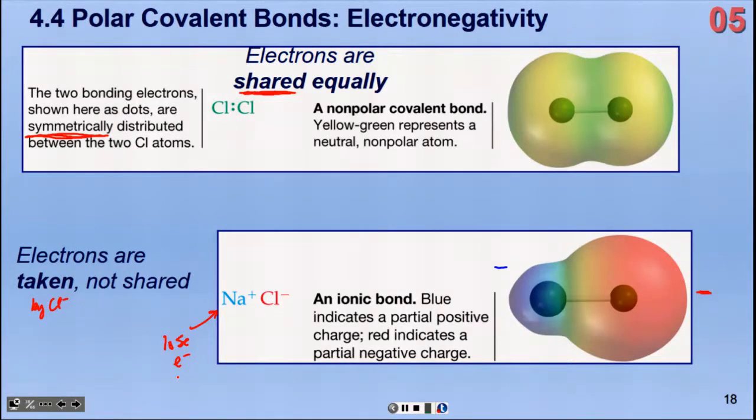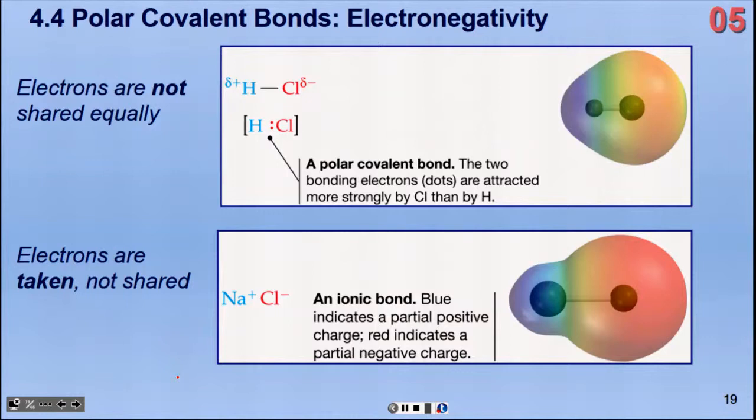All right, then. So what else can there be? Well, there are occasions where electrons are not shared equally between two atoms, and that's when we give this a term called the polar covalent bond. The two bonding electrons between a hydrogen and a chlorine in the HCl molecule are attracted more strongly by chlorine than hydrogen, which is why you get a redder color on the chlorine end of the molecule and a bluer color on the hydrogen end of the molecule.